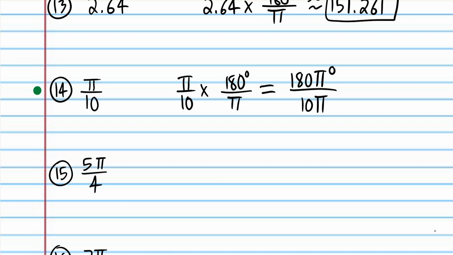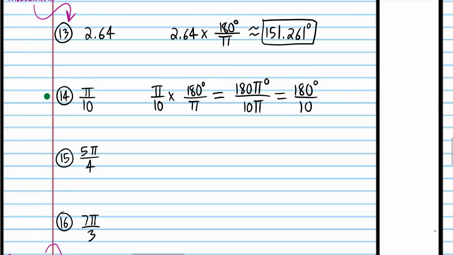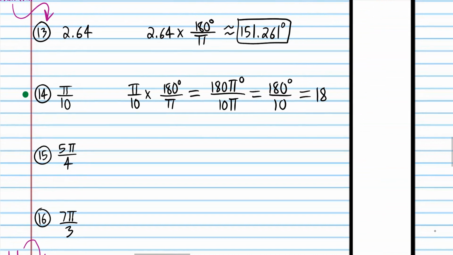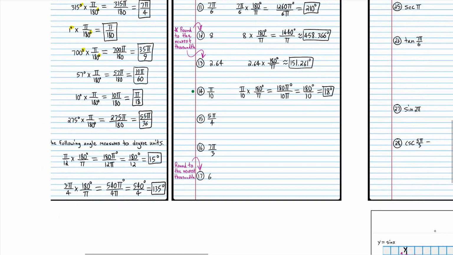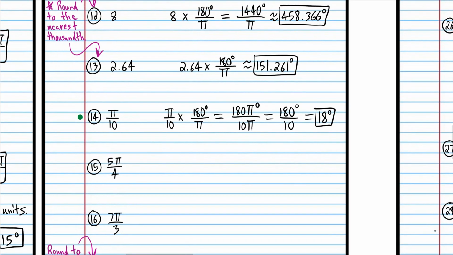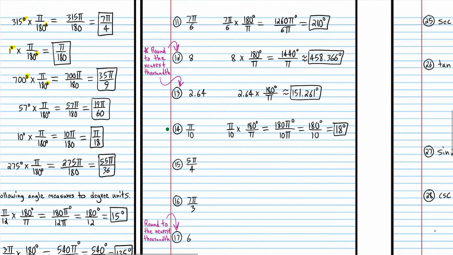The pi's obviously cancel out. And we have 18 degrees. So if you got that one right, excellent. Okay, go ahead and try number 15. And when you come back, we'll do it together.